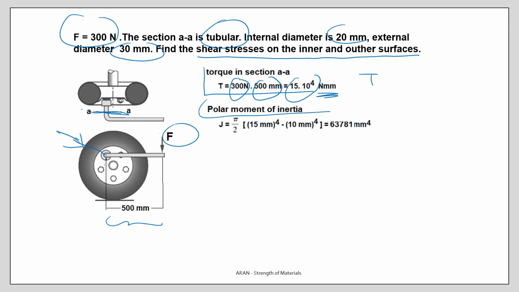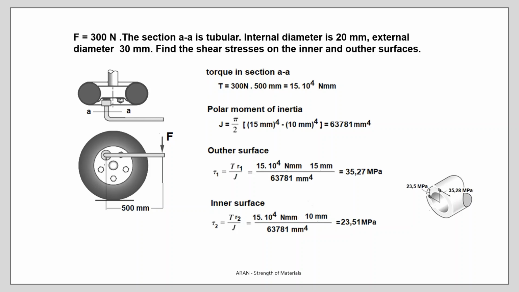Next, polar moment of inertia. We know that the formula is this, and this time I put my radius values in millimeters and the result is also in millimeters. Next step is to use the formula.